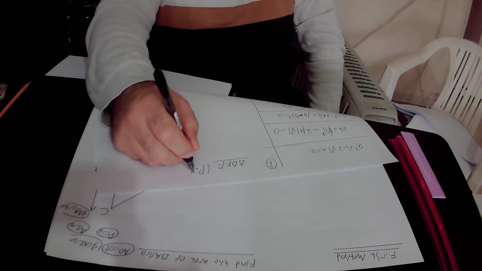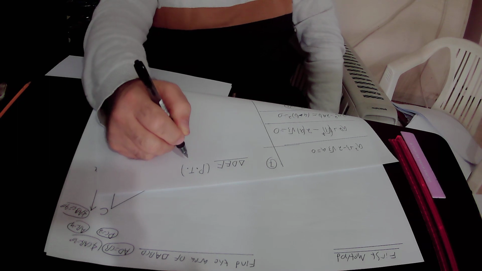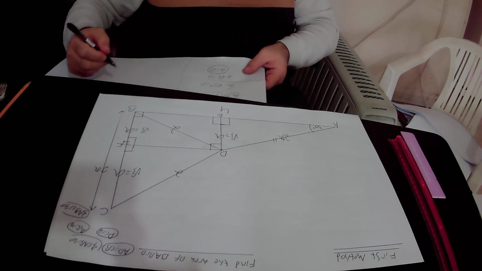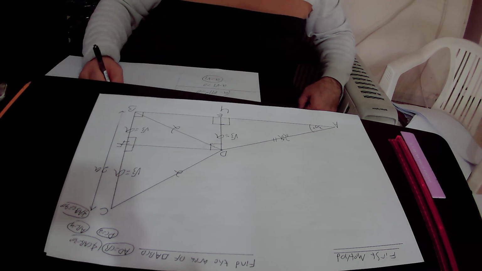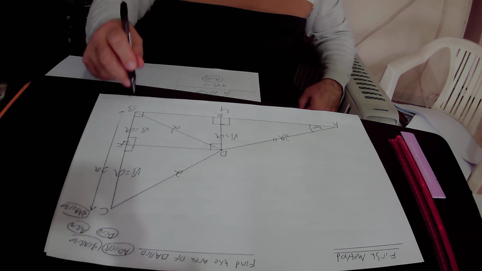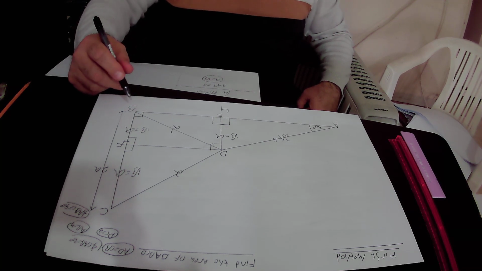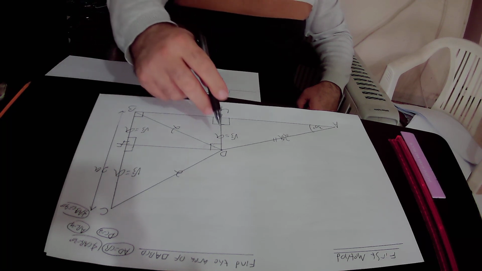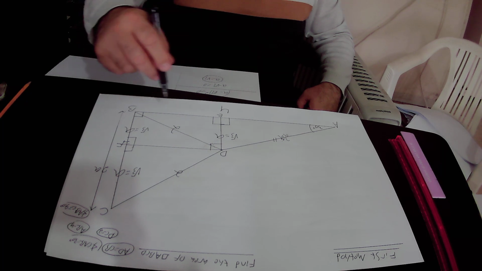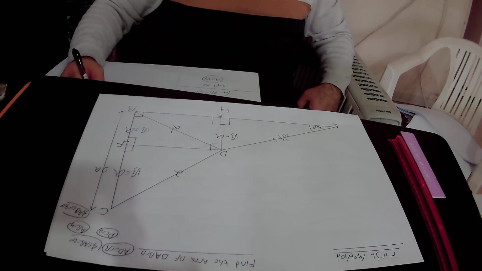According to the Pythagoras theorem, we will get that DE square plus EB square equals DB square.